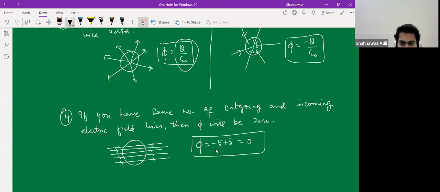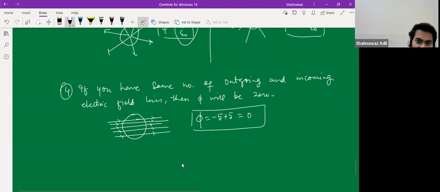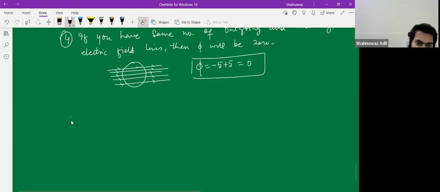Understood? Yes, sir. And let us understand this last property, that the flux due to a dipole would be 0. Why would this be 0?